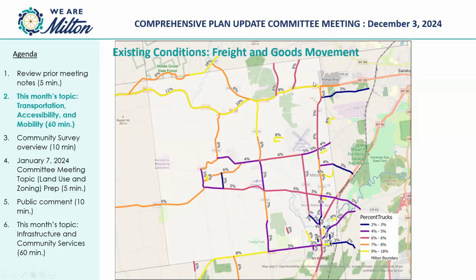We talked about the quarries up here. I'm sure there are some movements associated with Kesselring. But then what you're really talking about is probably, in addition to some of those through movements, final mile type deliveries to places like Hannaford or some of the storefronts and businesses along Route 50.